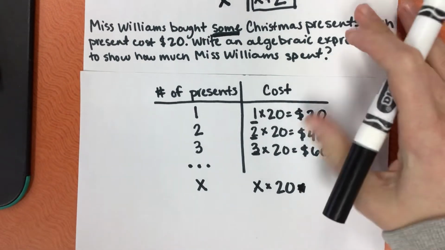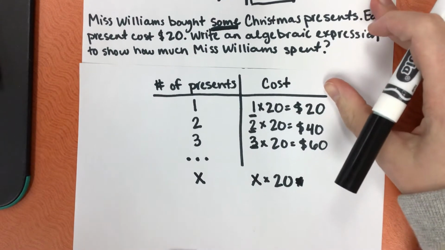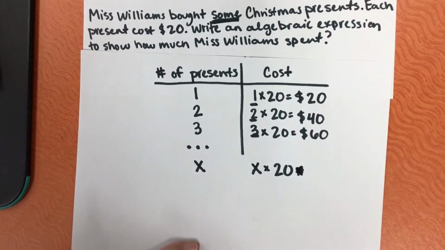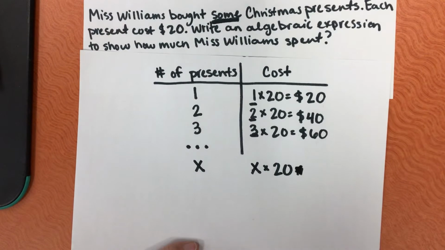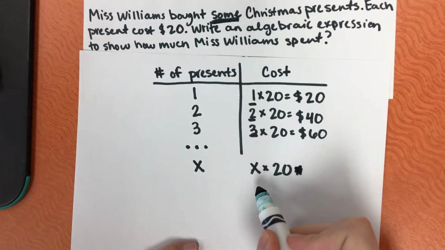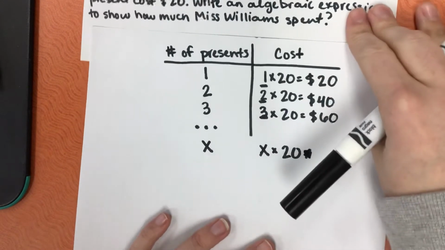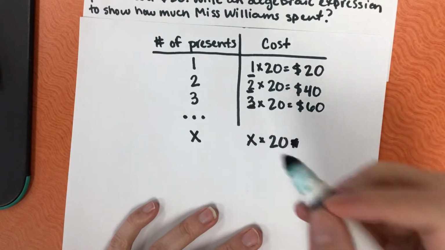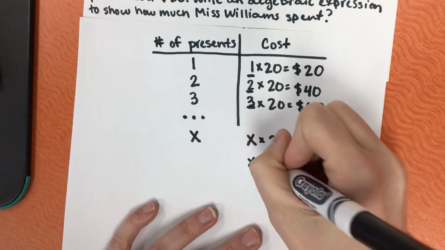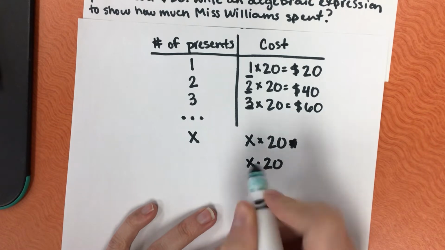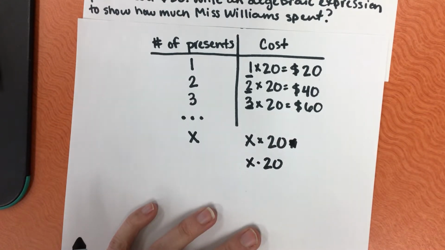Now, something that I want to point out is that you might notice this gets a little confusing with this x and this x for a multiplication sign. So a lot of times what we'll do is we'll kind of combine those two. Instead of putting a multiplication sign, you could put a dot like that to show x times 20, but even that can get confusing because this x still kind of looks like a multiplication sign.